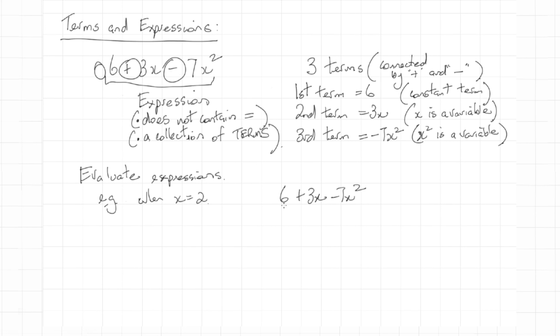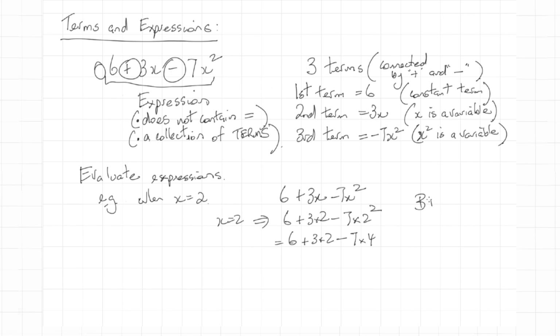And if you put x equals 2 in there, then we get 6 plus, now between the 3 and x is a multiply, 3 times 2 minus 7 times 2 squared. 6 plus, we do multiplication, but we do powers first. So we'll do that power first, 3 times 2 minus 7 times 4.